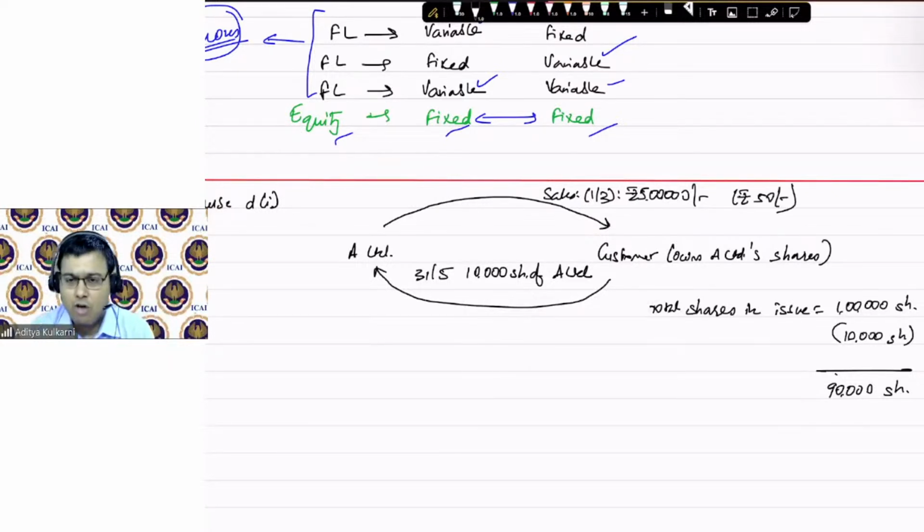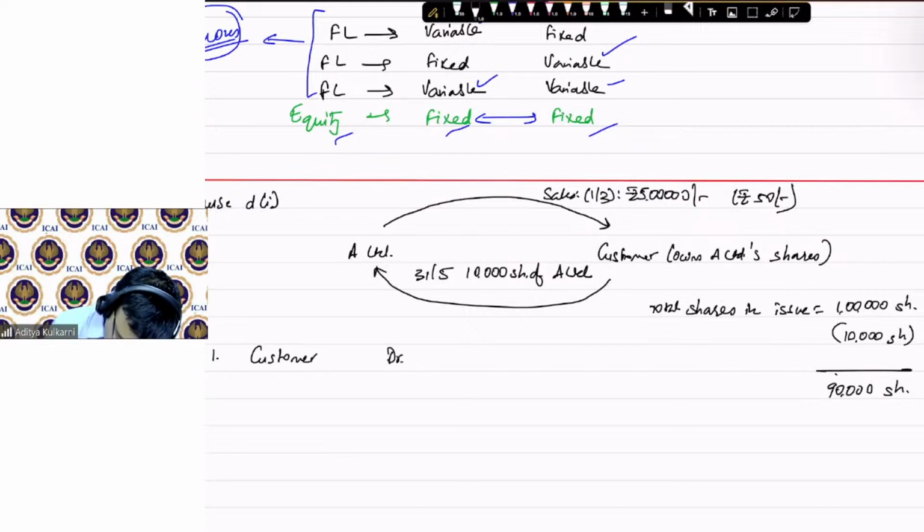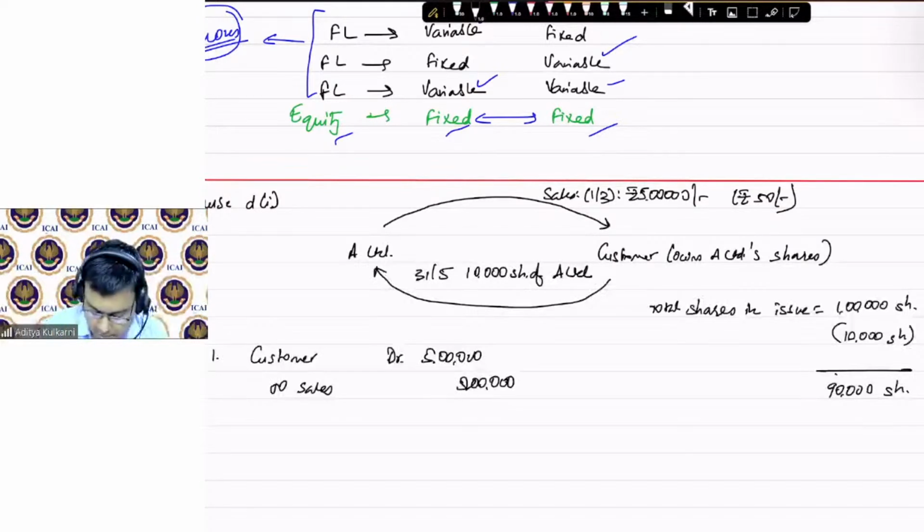It's not required, but I've just put it there. So 10,000 shares of A Limited will go back to A Limited. Customer will issue that. Now, on the first day, when the sale happens, the entry passed is customer account debit to sales 5 lakhs.